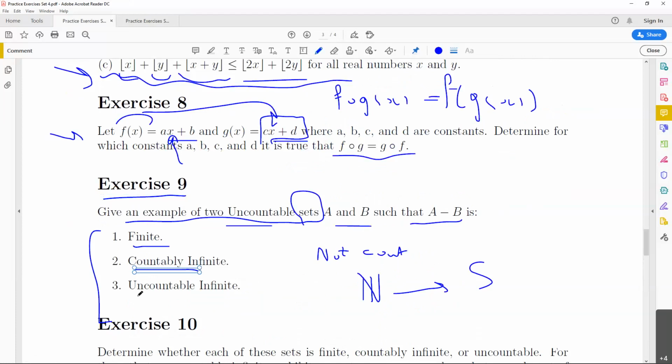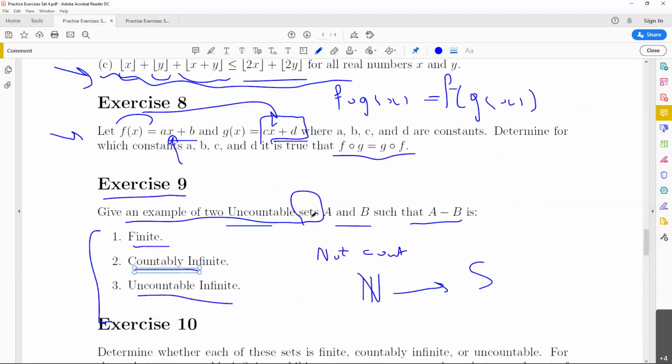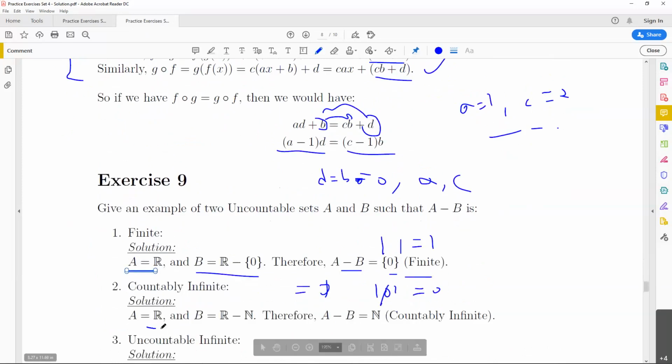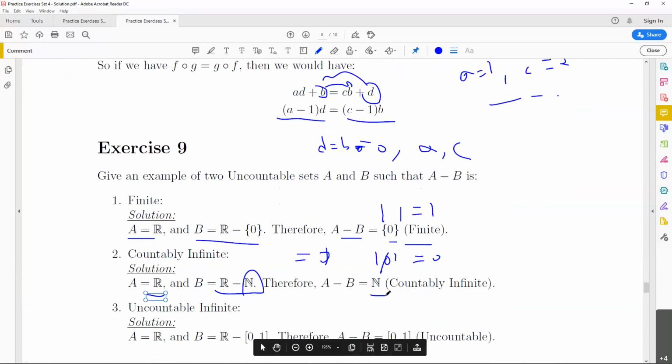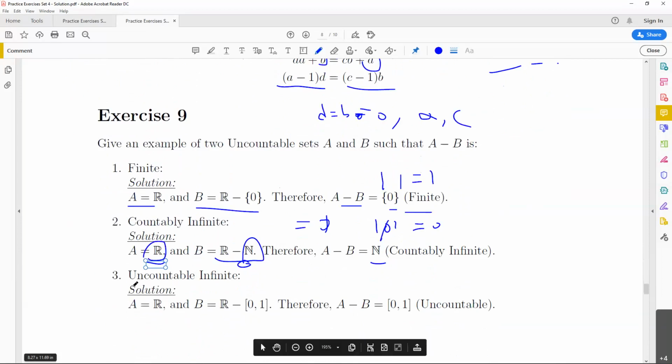With countably infinite and uncountably infinite, I think they use the same trick. You want two uncountable sets and you get a countable one. So hey, just R and R without N. They're both uncountable. When you subtract them, you're going to be left with N. Like you're removing everything from R except N. Same thing for the uncountable case.